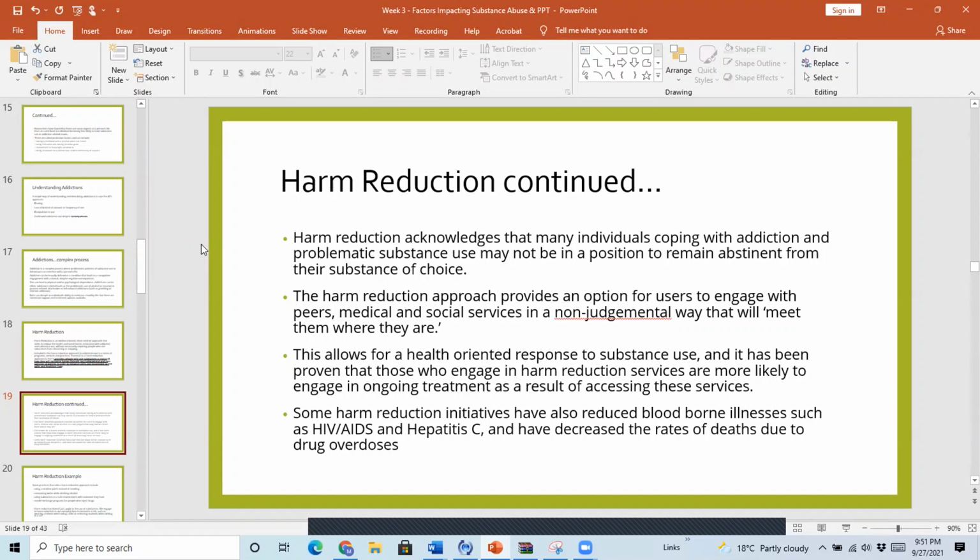Some harm reduction initiatives also reduce certain bloodborne diseases.